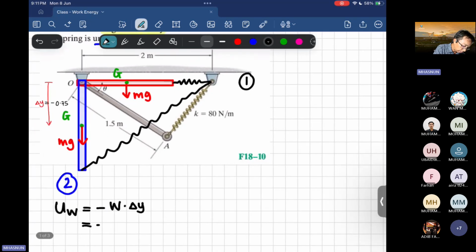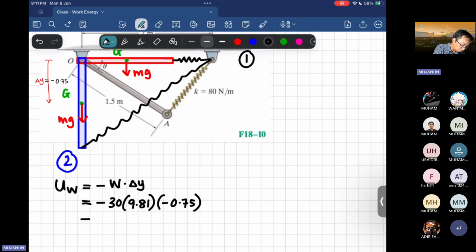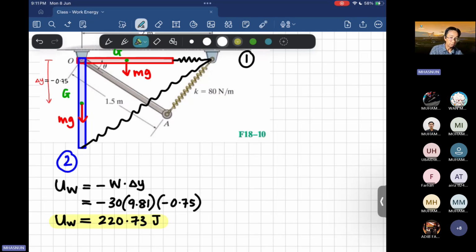So you have minus 30 times 9.81 multiplied by minus 0.75. You have two negatives here, and therefore they cancel out. So you will get UW equal to positive 220.725, or 220.73 joule. So this is our first work done, which is 220.73 joule.